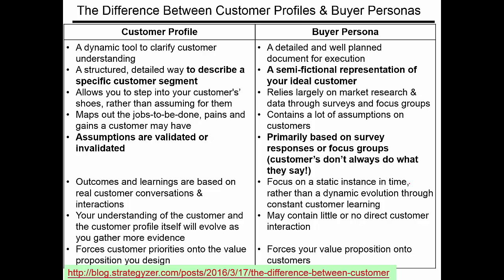The customer profile will help you with customer sizing and product targeting issues, but the persona will be very useful in the detailed design of the product and services. That's my take. You can study this table, follow this reference, and see what you think about the difference between customer profile and persona.